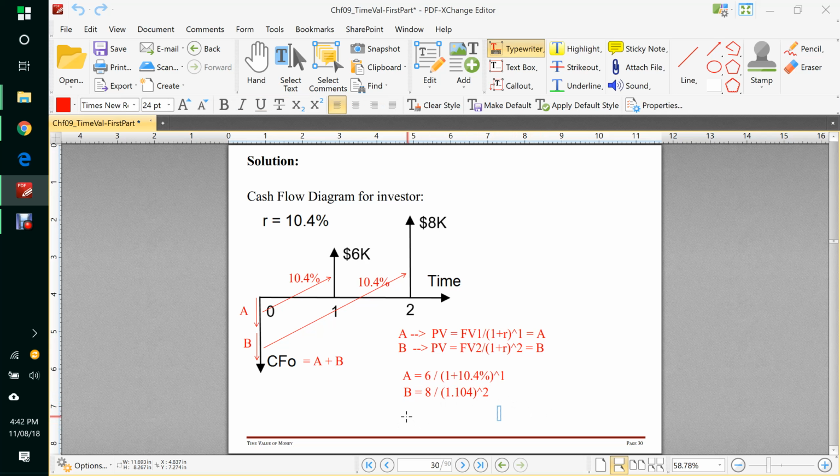And then again, CF0 is equal to A plus B.